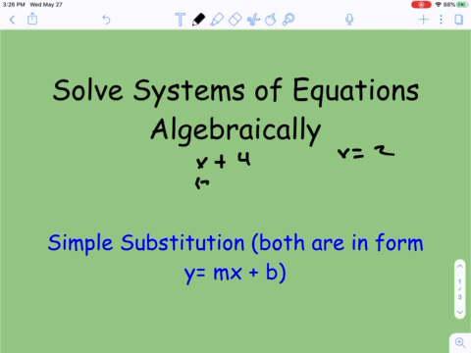Then you would just put 2 in for x and go 2 plus 4, and you'd get 6, right? That's a very simplified but very basic and accurate depiction of substitution. So what we want to do is use substitution with equations, and I'll show you how to do that.